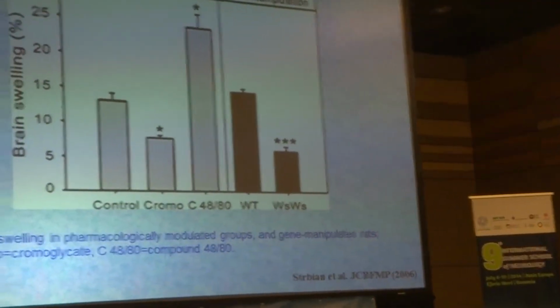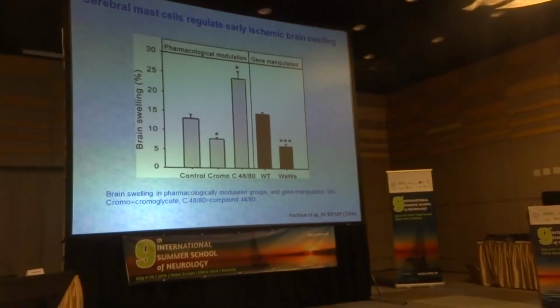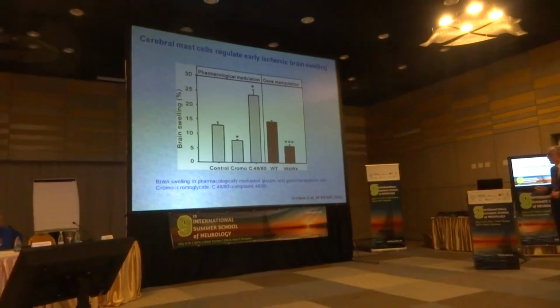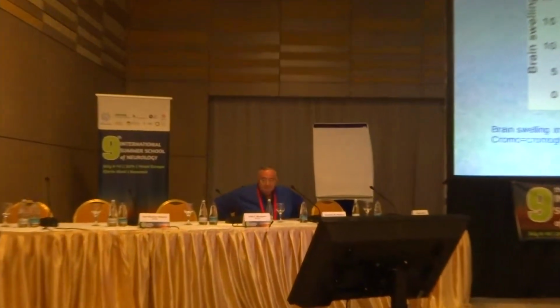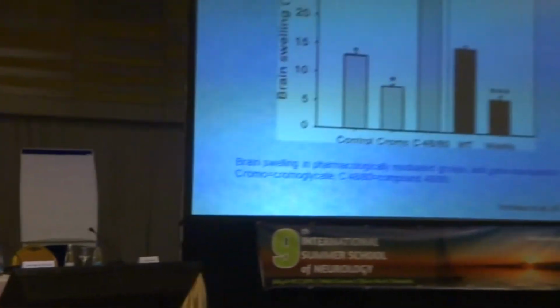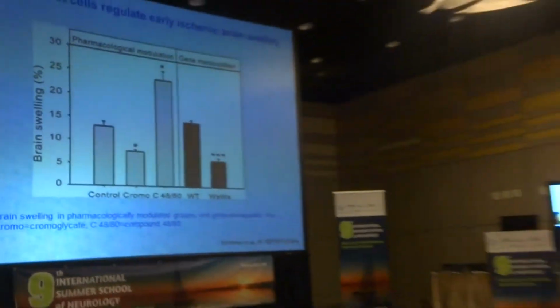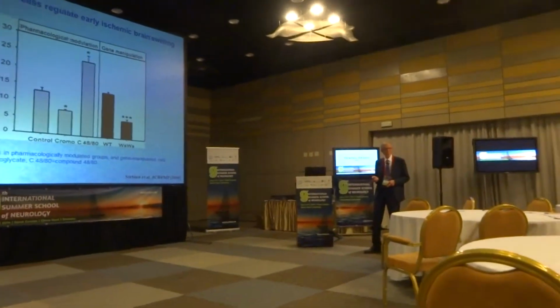If you take this rat model in brain ischemia and treat it with cobalamin, cobalamin blocks mast cell degranulation, and in this case, it also reduces the amount of brain swelling. This compound, 4880, stimulates mast cell degranulation, so in this case, it actually makes the brain swelling worse in the ischemia. These animals are engineered to lack mast cells, and those that lack mast cells have less brain swelling in ischemia.